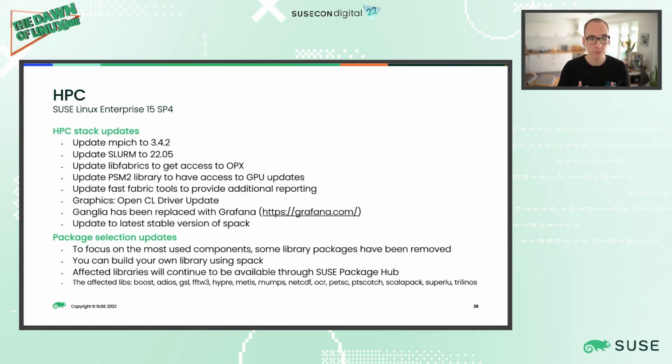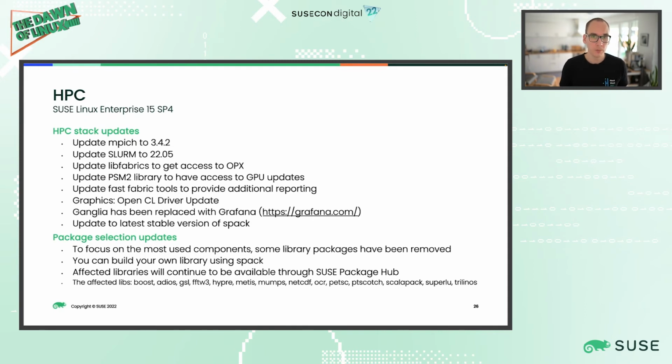Especially the latter is pretty important because, with the package selections, we have now decided to focus on the most used components within the HPC module. That's why we are dropping some of the library packages and have removed them. But you can build your own libraries using Spack.